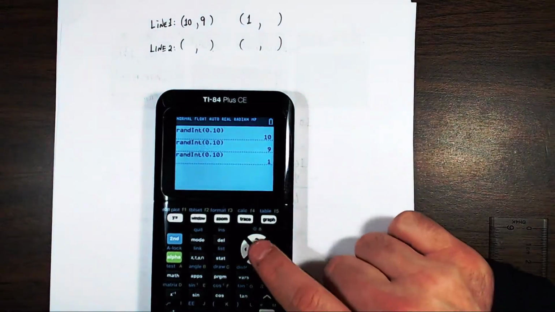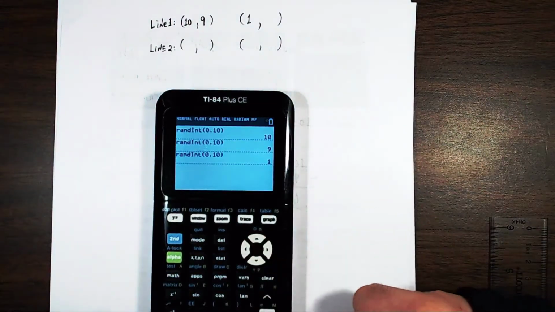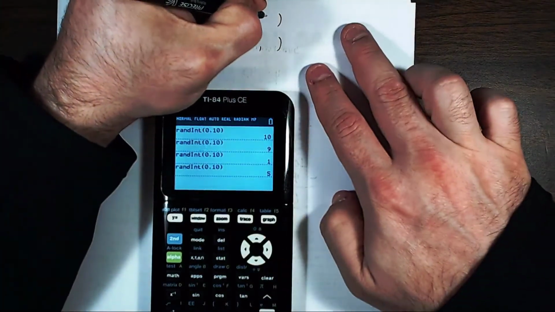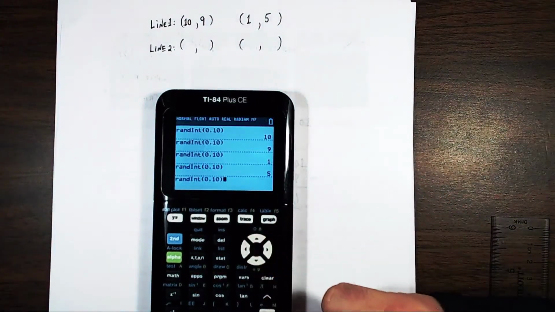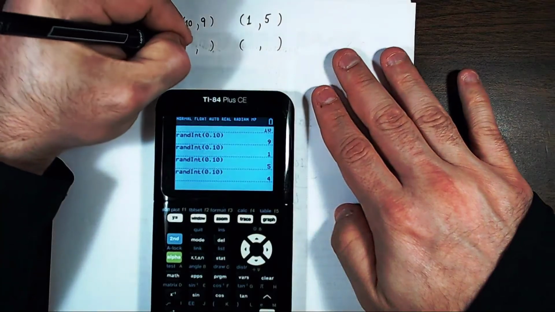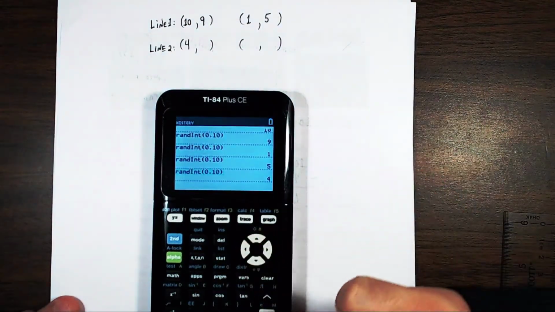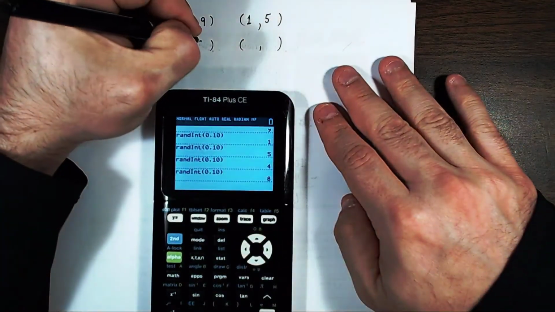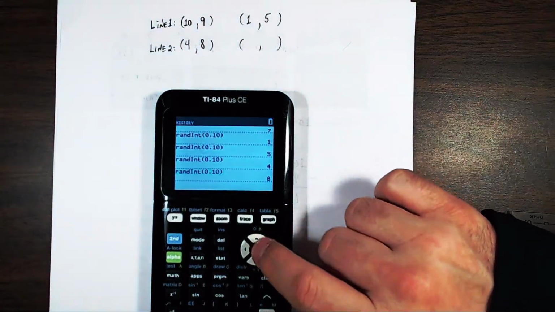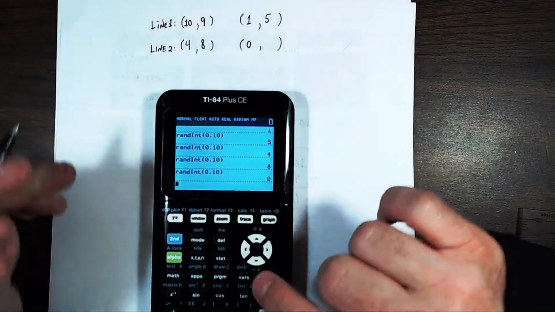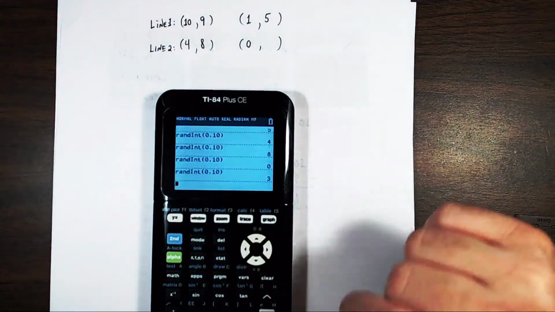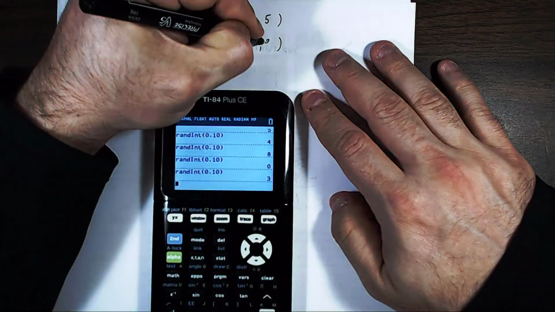Again, and I get 5. Again, and I get 4. Again, and I get 8. Again, and I get 0. Again, and I get 3.